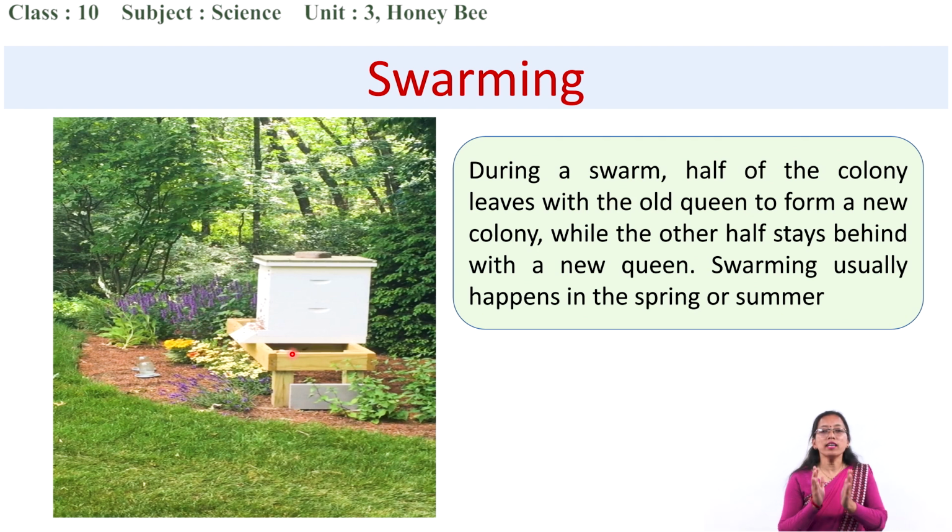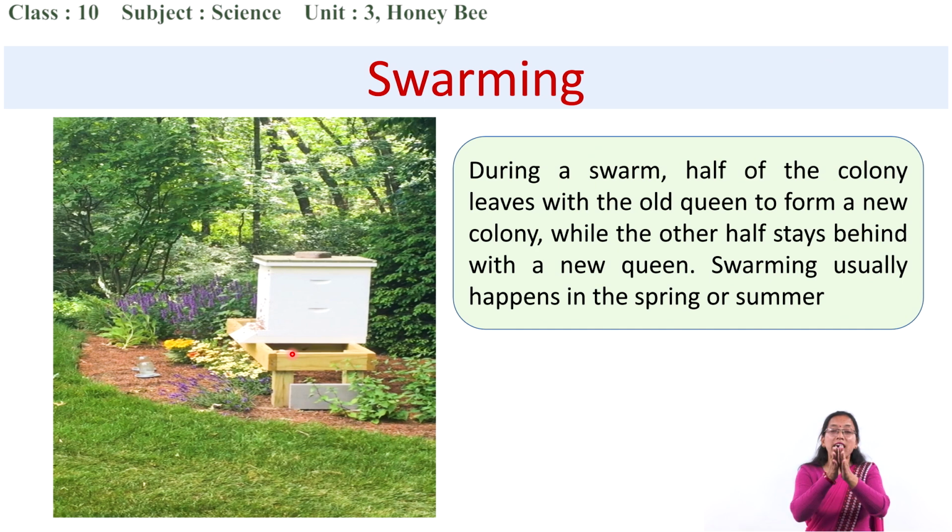That means when a new queen bee or two queen bees are formed in a single hive, then the older queen bee will form a new colony. Half of the worker bees and drone bees will go with that old queen bee and half will remain in the same hive. In this way, they move from a single hive to another hive.